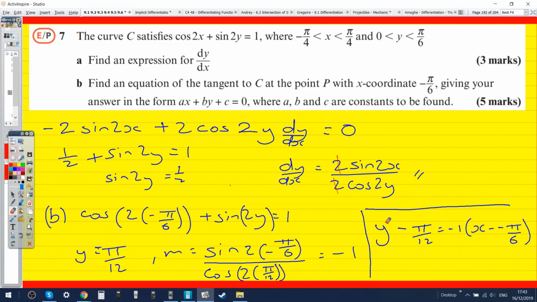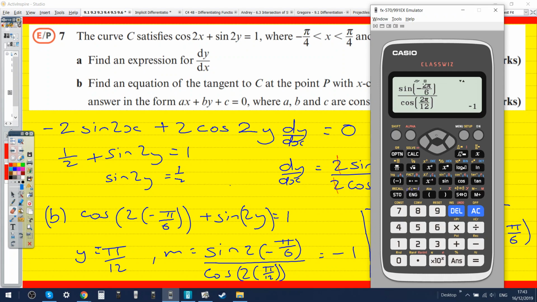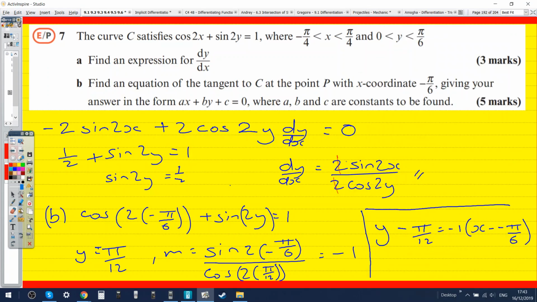Let's see. So that's when we sub that in there. Where did I get this 1 over 6 pi? Yeah, so that was sine 2y, so y is pi over 12. Yeah, that's fine.